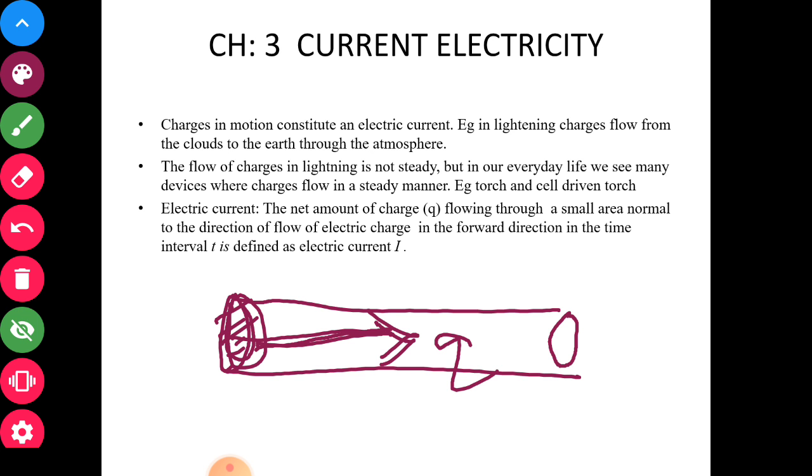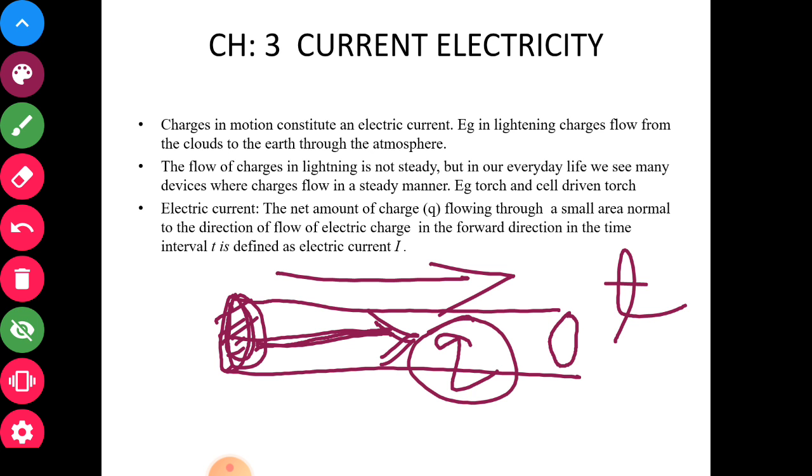Flow of electric charge is in this forward direction, and this cross section is perpendicular to it. Say in a time interval of t, Q amount of charge is flowing perpendicularly to the area. So, the net amount of charge per unit time: how much charge has passed?